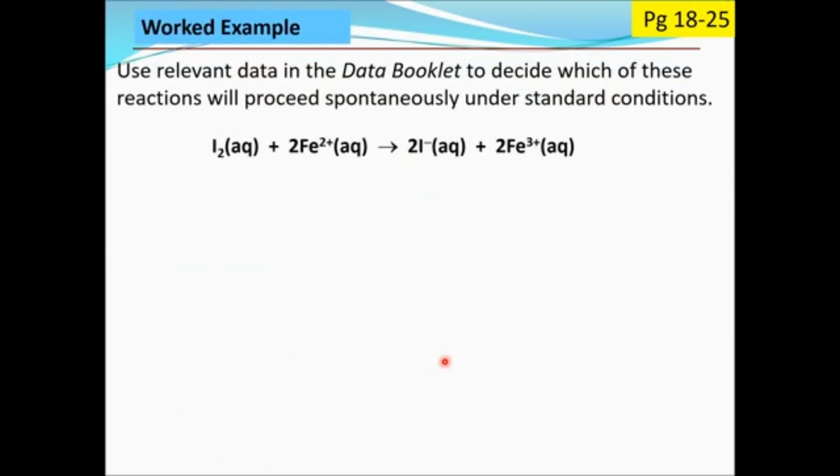So let's look at the worked example to do this. Right, we need relevant data in the data booklet to decide. This is different from looking at half cells. Okay, this is not about two half cells connecting together, so you do need to focus. It's a bit different from what we have discussed earlier. Here you already decide what will happen. So the I2 will undergo reduction as shown in the equation, and the Fe2+ will undergo oxidation as shown in the equation.